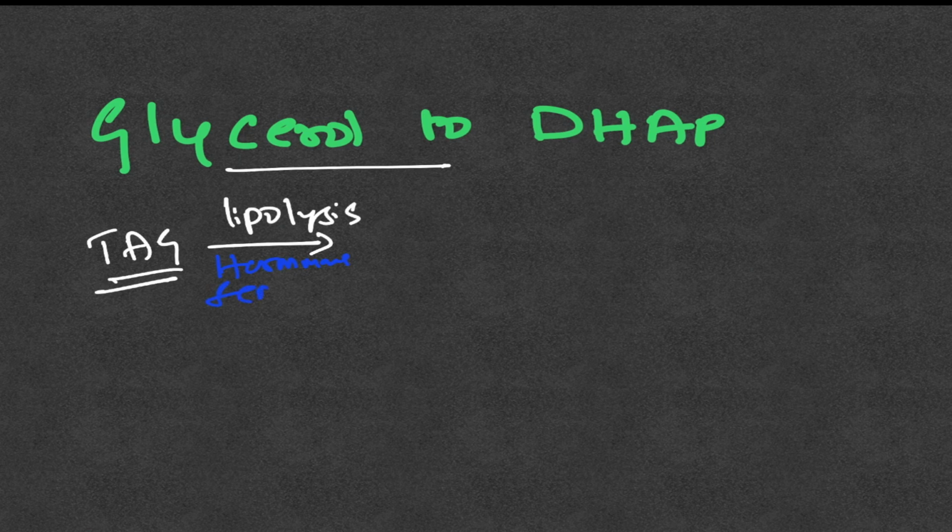That means it is sensitive to the hormone glucagon. Hormone sensitive lipase breaks triacylglycerol into 3 fatty acids plus a glycerol molecule. That is how we get glycerol.